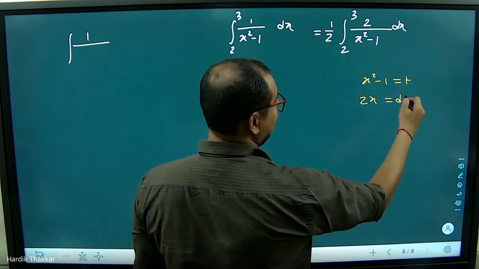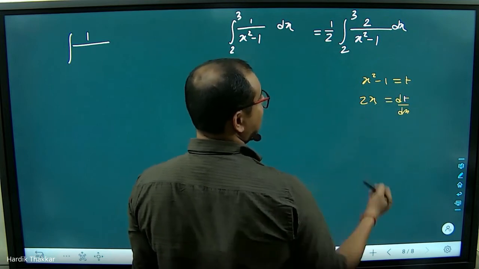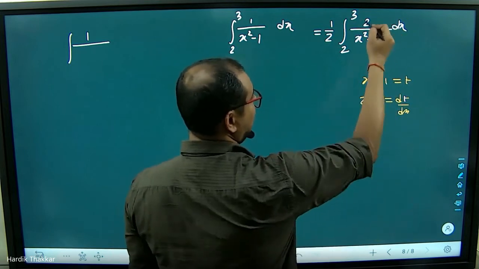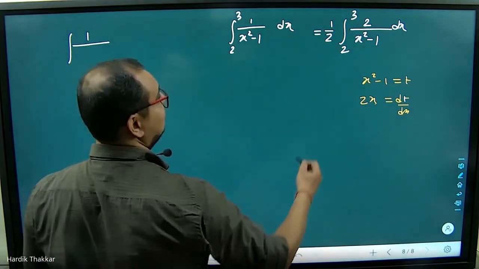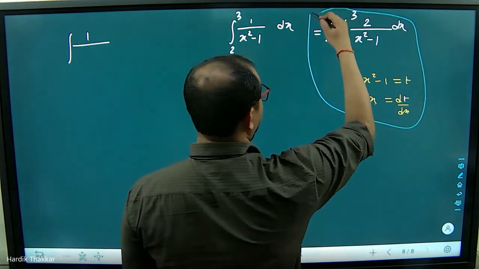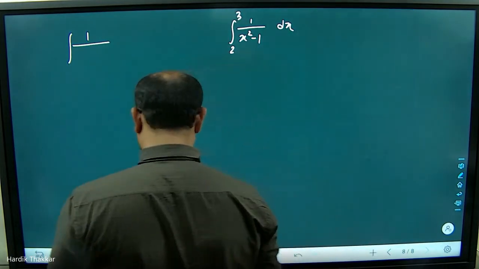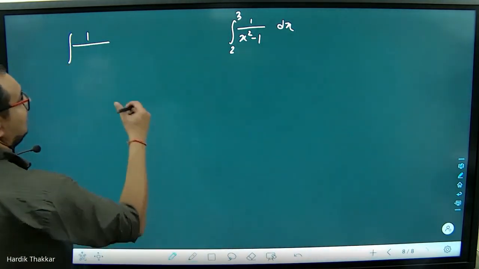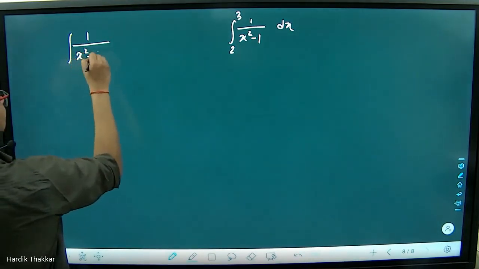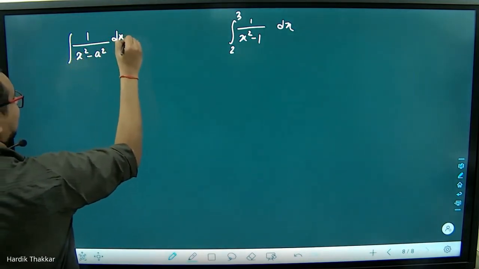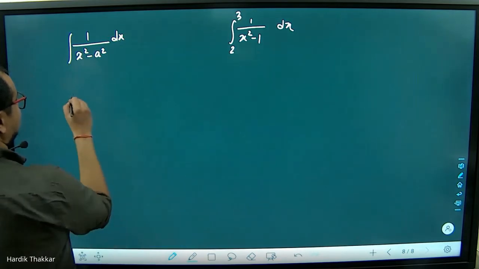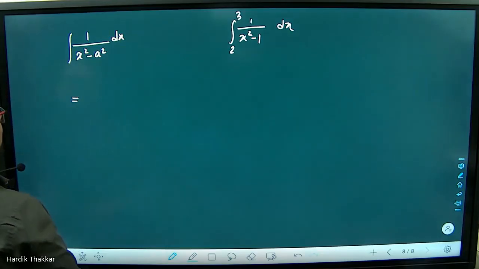That is dt by dx, correct? So this x is there, but you are not having any x in numerator. It cannot be solved like this. That's why we have a separate formula for these type of questions. And the formula is this. Integration, recall this, x square minus a square dx. Yes, I think it is from exercise 7.7. Yes, sir.